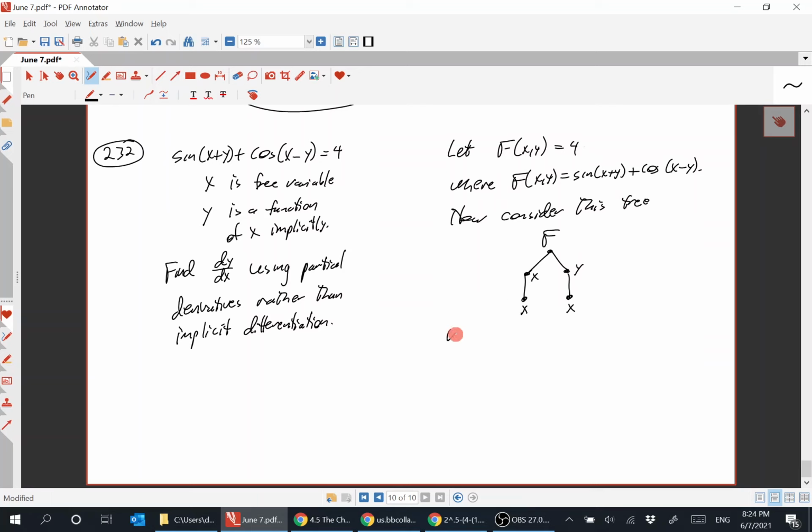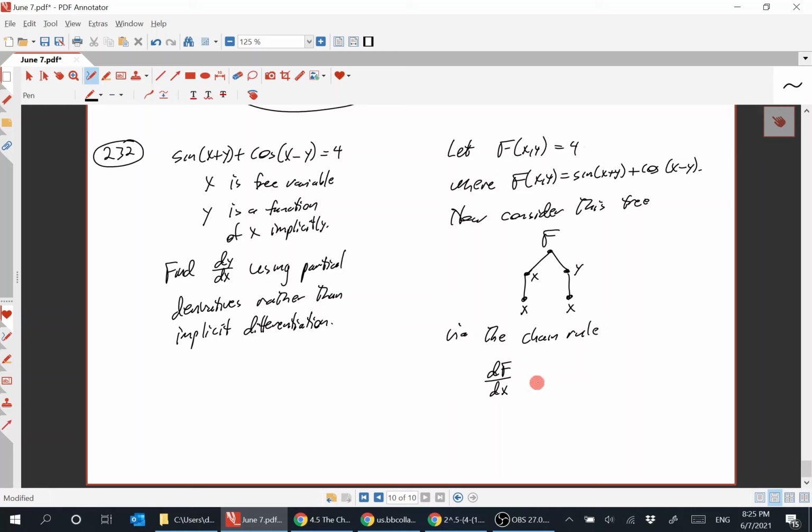So via the chain rule, 0, which is the derivative of f with respect to x, right? So f is a function of x. So it's written as a function of x and y, but x and y are both functions of x. And it's a constant, it's 4.